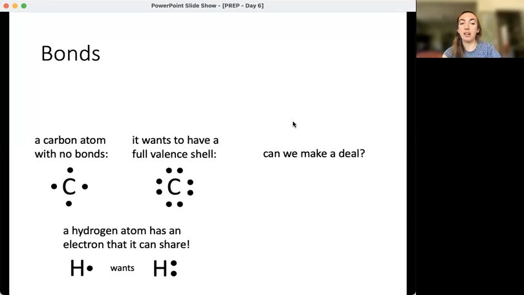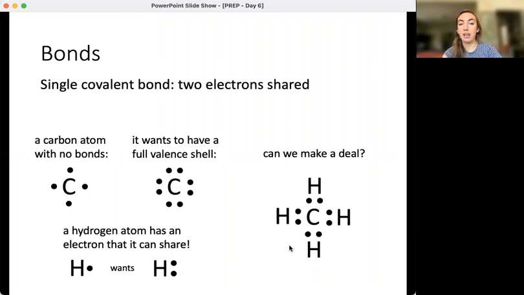And so hydrogen and carbon can make a deal where each hydrogen has only 1 electron that it can share, and it wants to find somebody else that has 1 electron to share with it. So we're going to need 4 hydrogen atoms per carbon atom to make each of them happy. So this will have 4 single bonds.